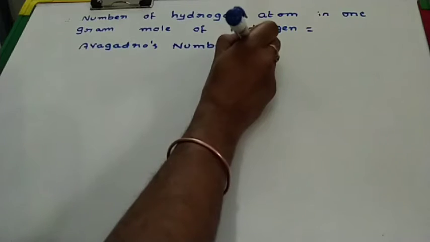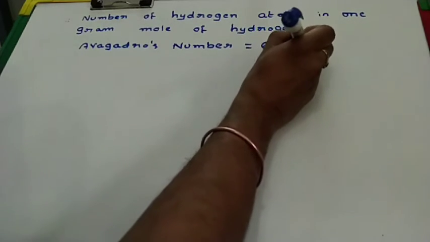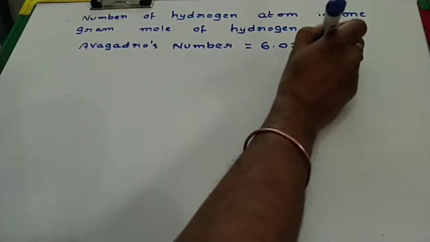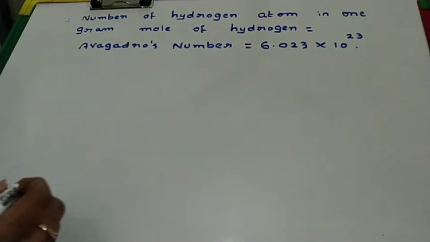That is equal to 6.023 into 10 to the power of 23.